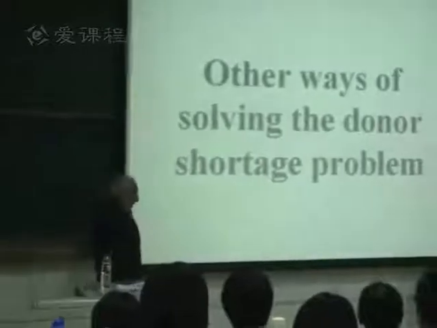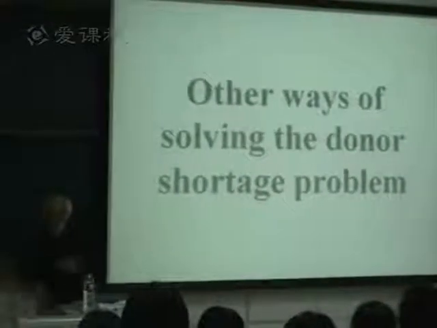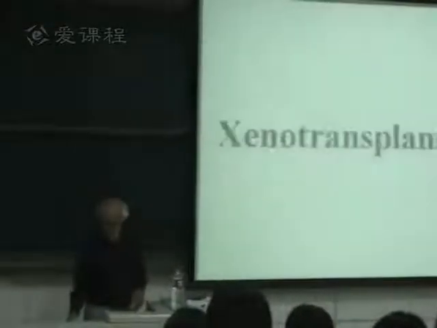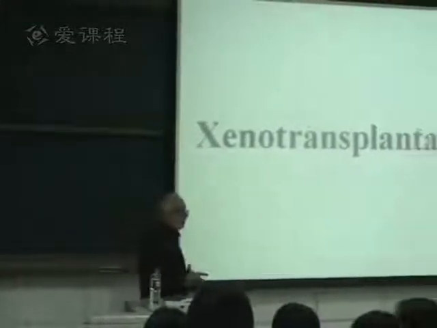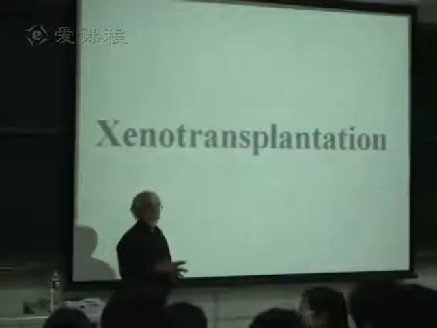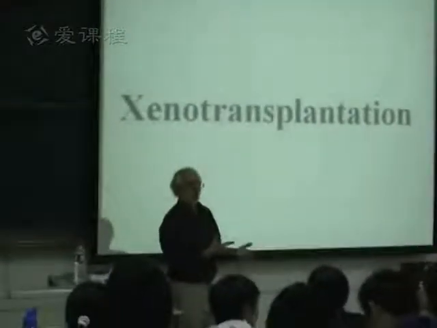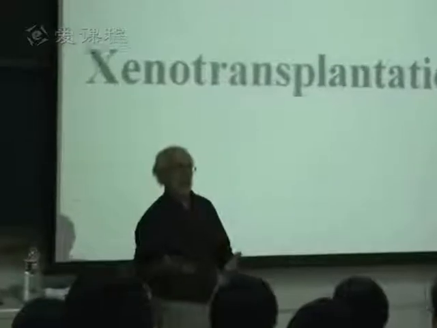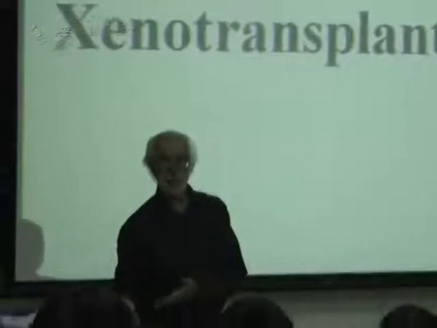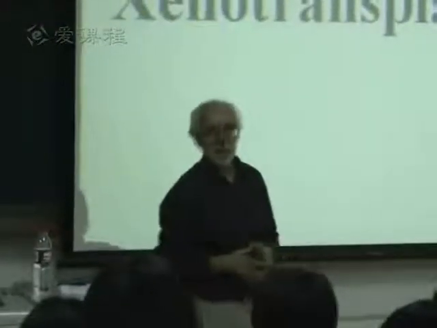So what other things can be done to overcome donor shortage? Well, one of the things that people have been discussing for many years is the idea of xenotransplantation. As I talked about at the beginning, maybe you could transplant tissues from one type of species to another. Okay?